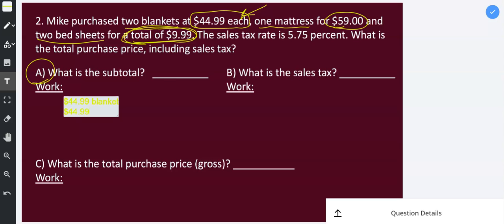So I need to record $44.99 again, and I'll label it blanket. And then he purchased a mattress for $59. And then last, he purchased 2 bed sheets that together cost a total of $9.99.